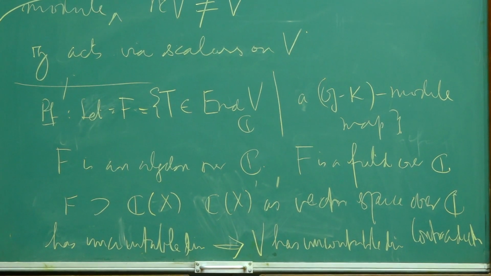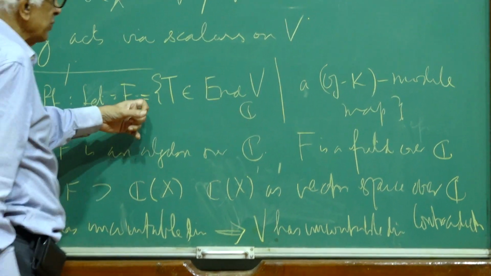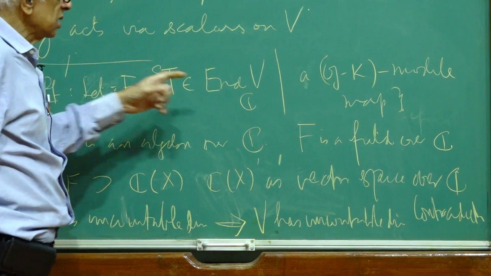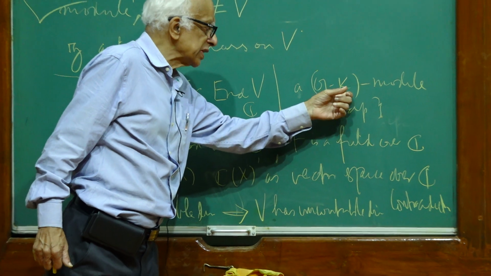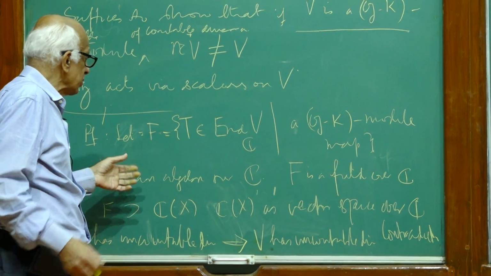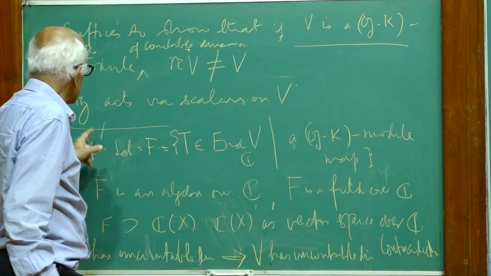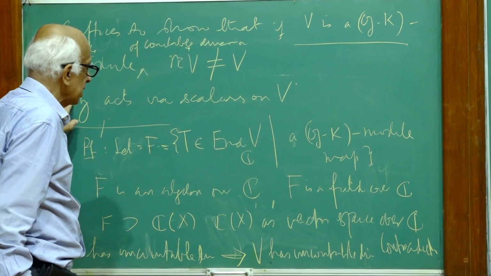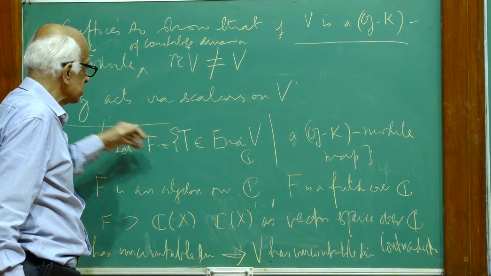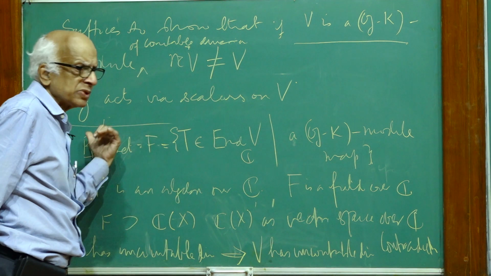So that means every endomorphism which commutes with all operations from G as well as K has to be complex, has to be a scalar. So every element of Z has to act as a scalar, because Z acts as GK module endomorphisms.